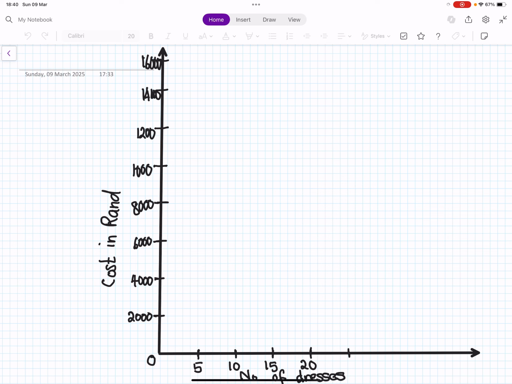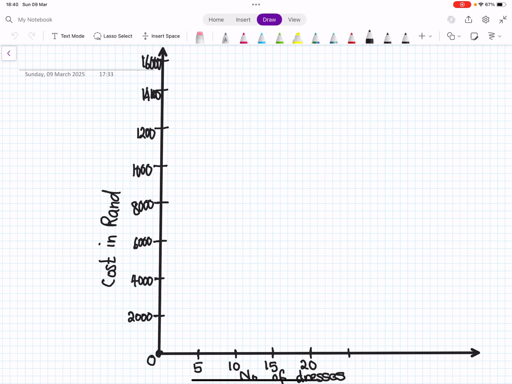So you will be given the graph paper, and then you're required to plot the points. So if I look at my income graph, I remember now that the first value was 0, 0. And in line with 20 dresses, we had 15,000. That's the one that we found. So I'm just going to draw a dotted line quickly.